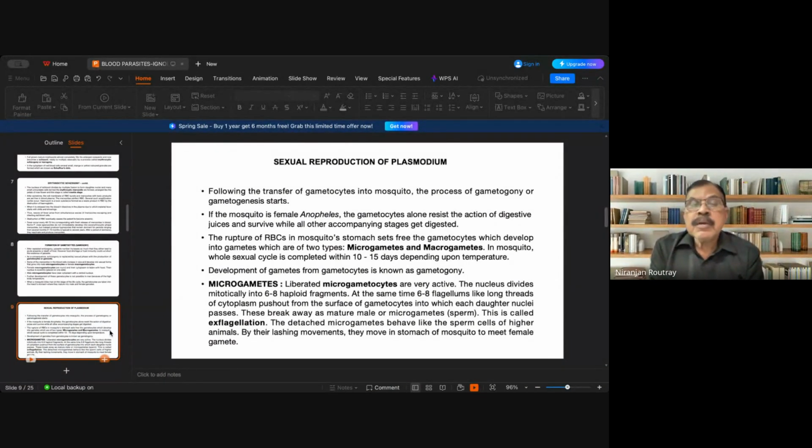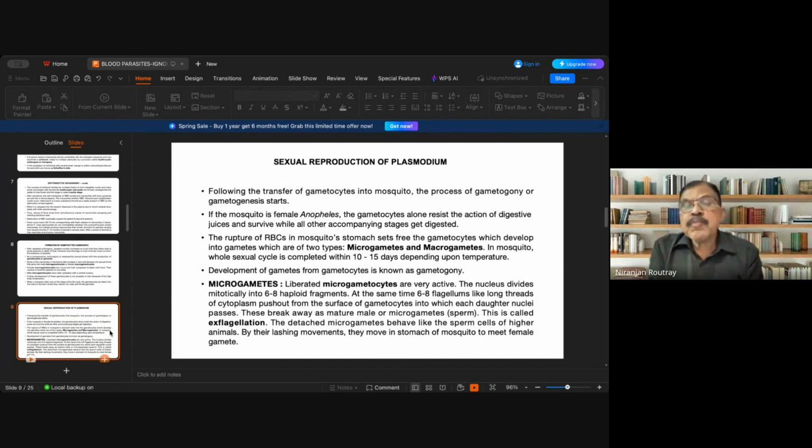At the same time, the nucleus divides into 6 to 8 fragments, and these nuclei get collected in the periphery of the gametocyte. After that, the cytoplasm is extended, into which these nuclei are pulled, so that flagellum-like structures arranged along the rim of the gametocyte are found.